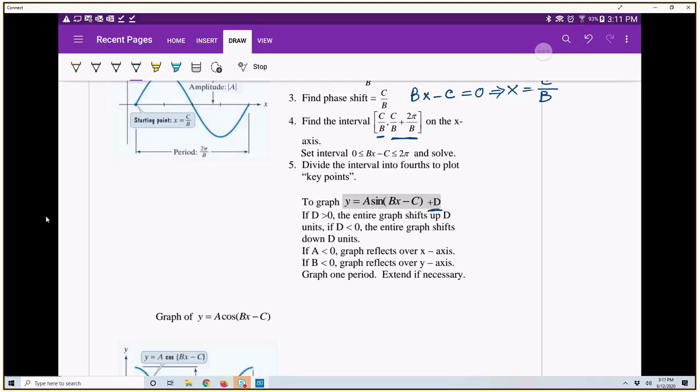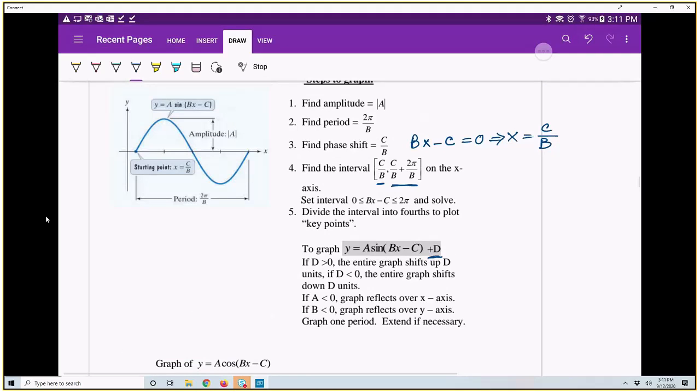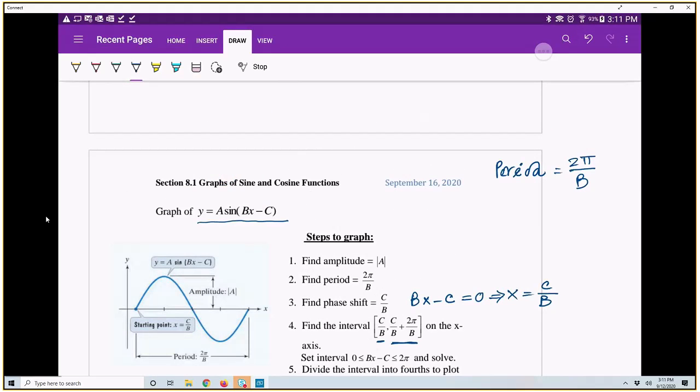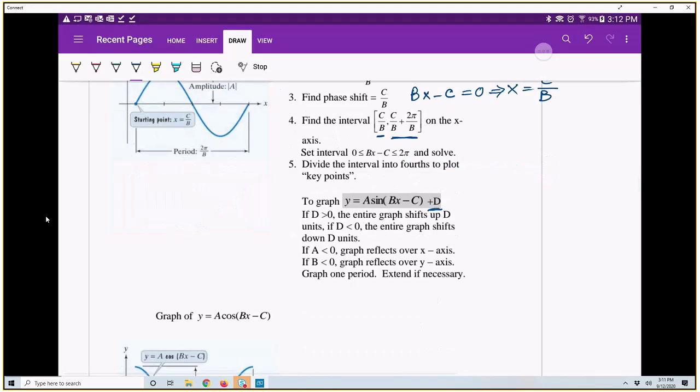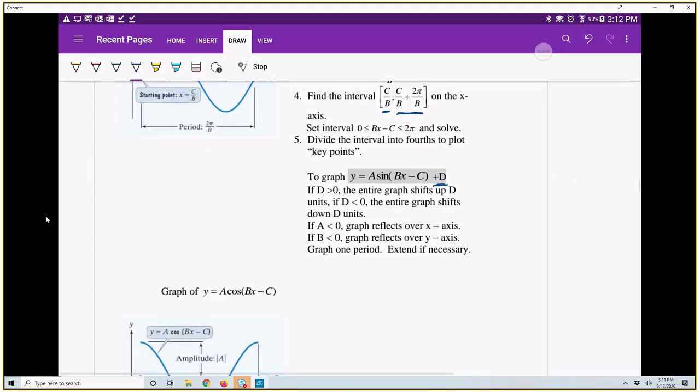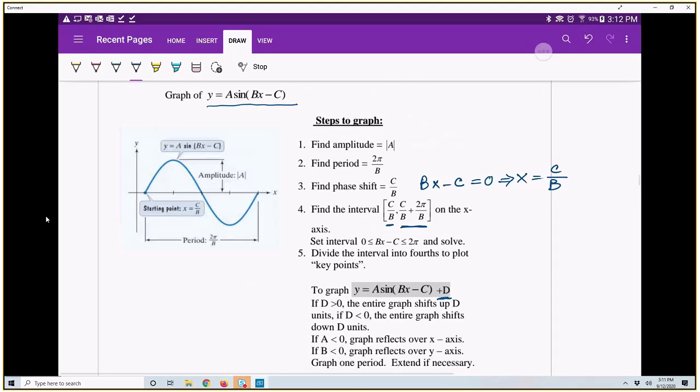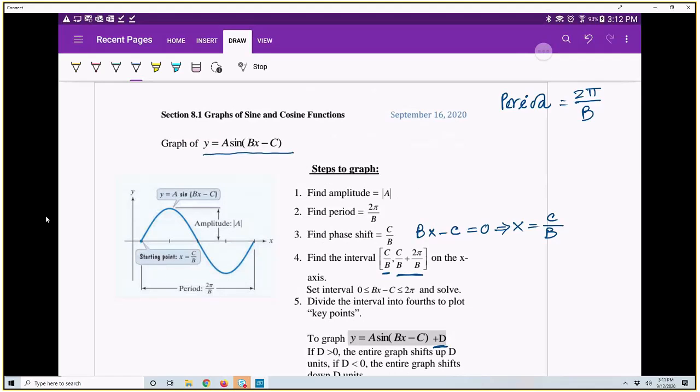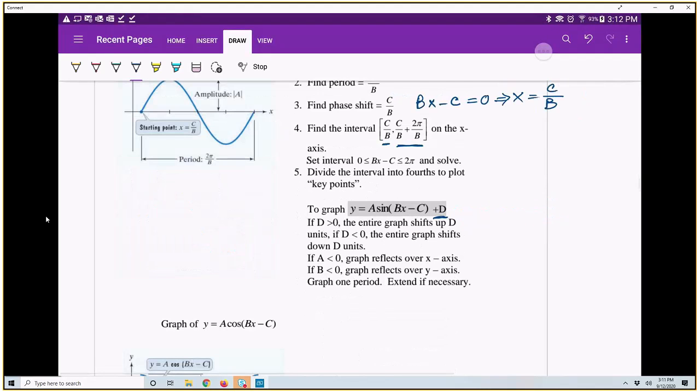If the constant multiplier a is less than 0, and remember a is multiplied with the functional value, the output, then we do a reflection along the x-axis. If b, which is the constant multiplier to your input variable, is less than 0, then we do a reflection along the y-axis.